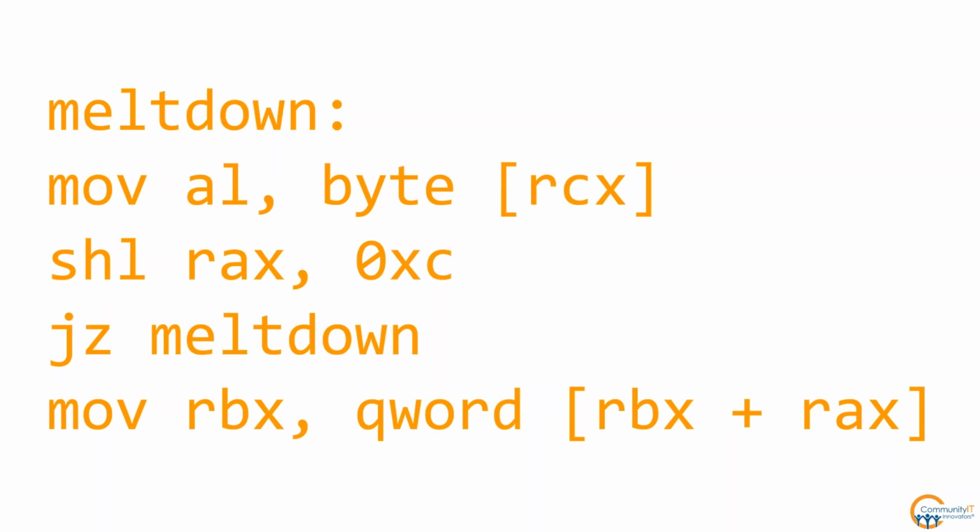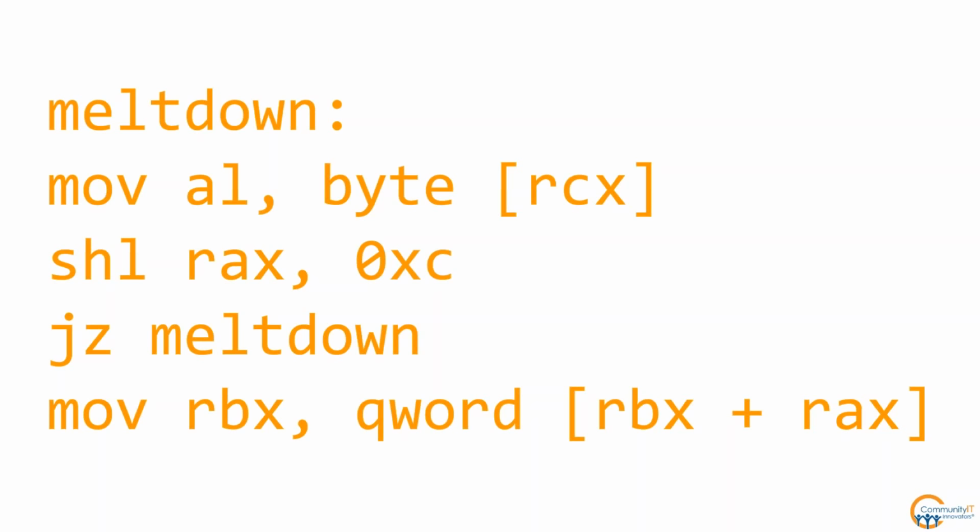It tricks the processor into giving up information that would normally be privileged, so it can be read by an application running on the computer. This affects all systems, Mac, Windows, Linux. Everything is vulnerable to this attack.